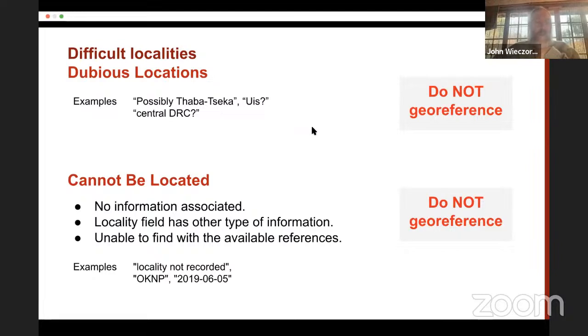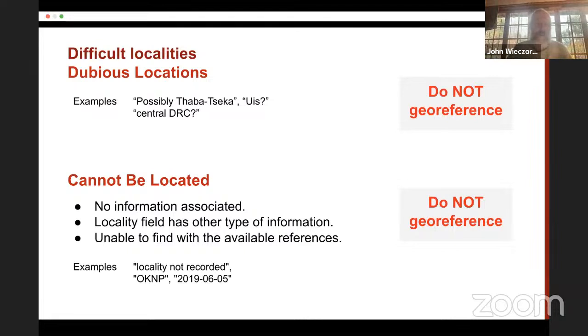Similarly, we run into situations, and sometimes it depends on how much effort we apply, where the place just cannot be located. Sometimes it's explicit, where the location description says no locality information. It's just completely unknown. In such cases, we have to not georeference it.